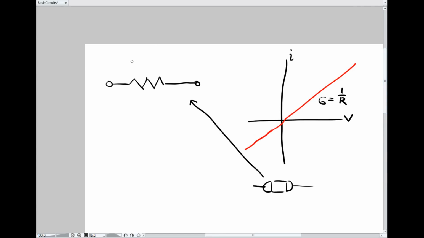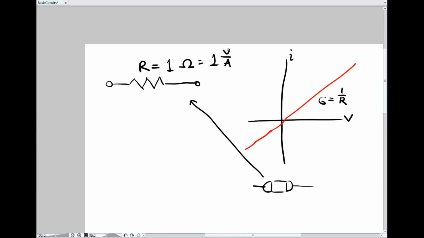We usually label the resistor with its resistance R, and we usually use the unit ohms to describe resistors. And 1 ohm is, well, this slope is current per voltage, so 1 ohm is 1 volt per amp.